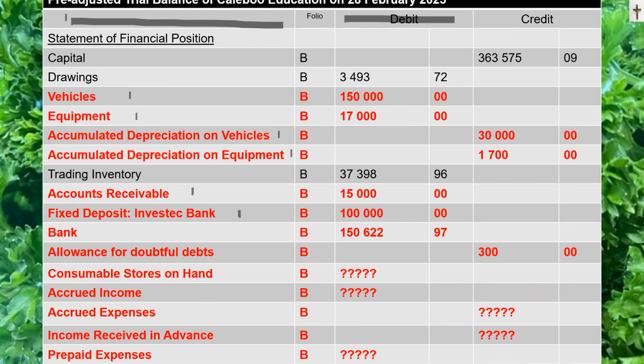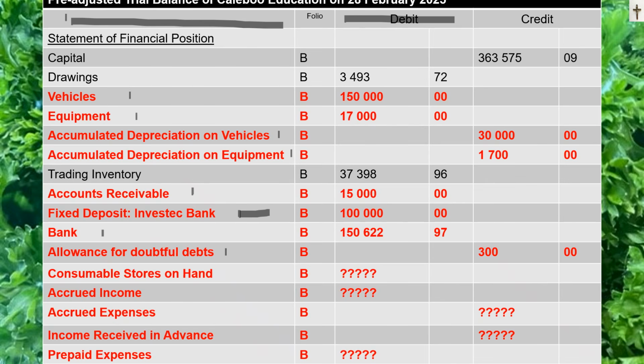Well, not the fixed deposit amount, it won't change, but the interest on the fixed deposit will change. And the bank balance, allowance for doubtful debts. So this is information that has been given to us before the adjustments.